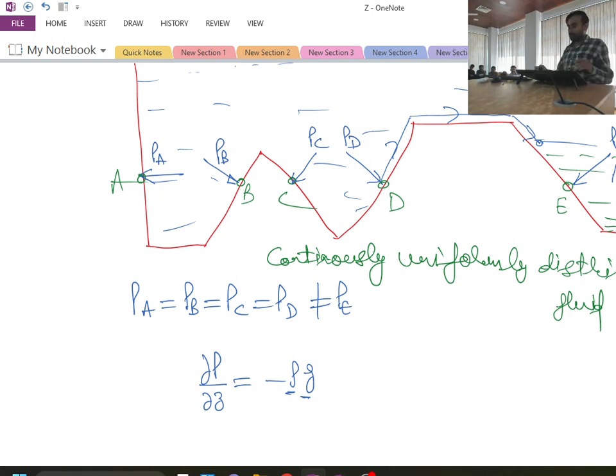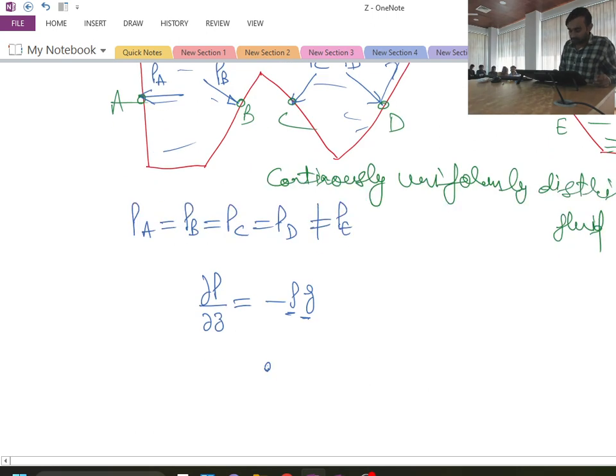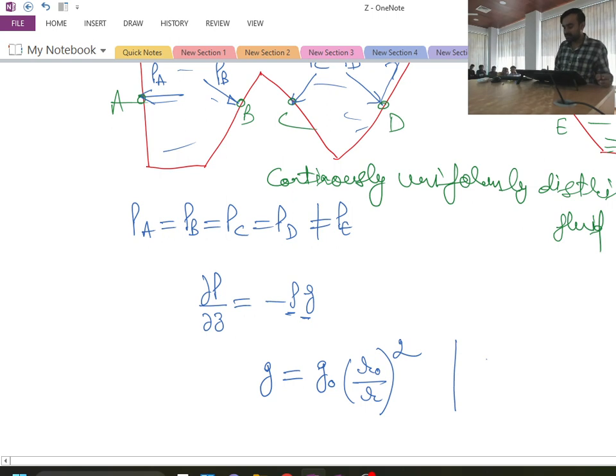If we talk about gravity, we know that gravity can be related as G equal to G naught times R naught by R whole square, where R naught is the radius of the earth's surface, which is equal to 6400 kilometers, and G naught is the gravity at the earth's surface, which is 9.81 meters per second square.